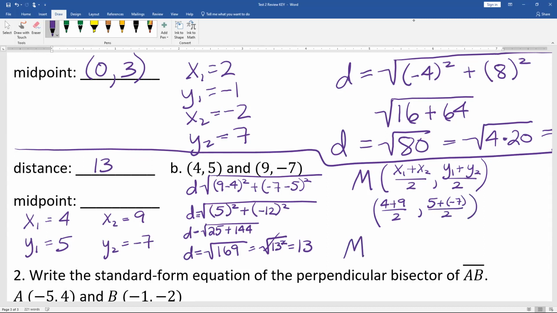So your midpoint is at 4 plus 9, which is what, 13? Well, that's not very nice. That's right. This one has a neat distance, but a messy midpoint. All right, 13 over 2. And then 5 plus -7 is -2 over 2. So our final midpoint is 13/2 for the x coordinate and -1 for the y.